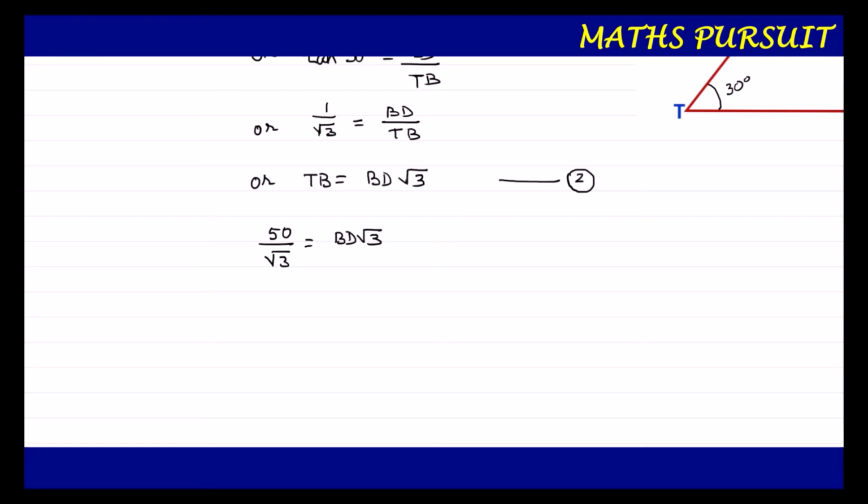This is what we have. Or I can write BD root 3 is equal to 50 upon root 3.